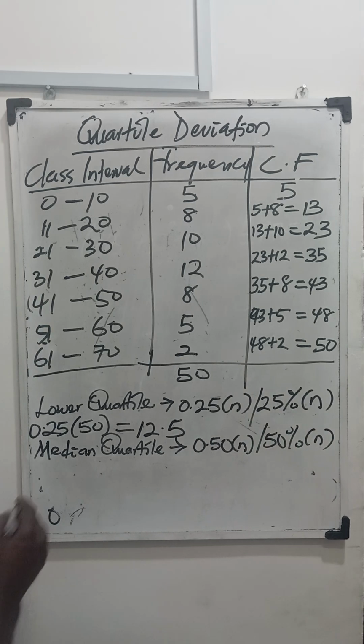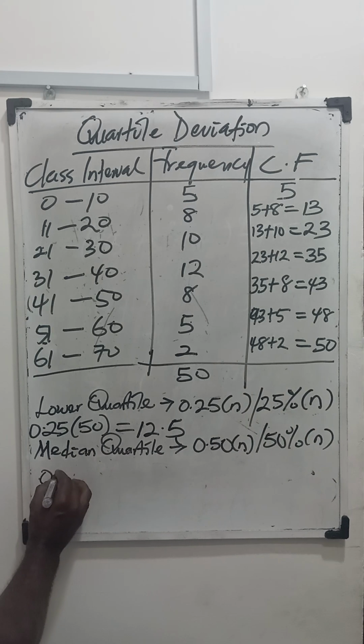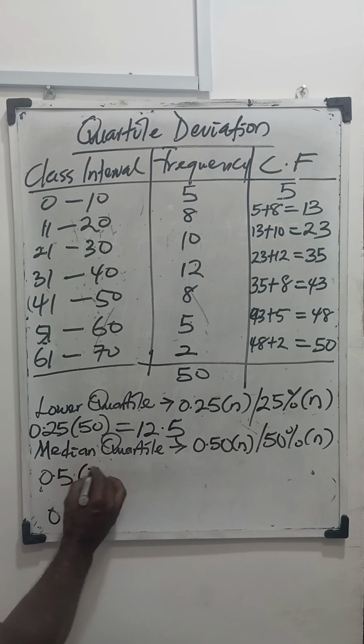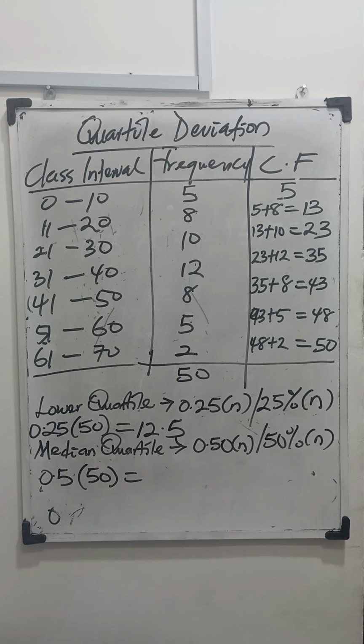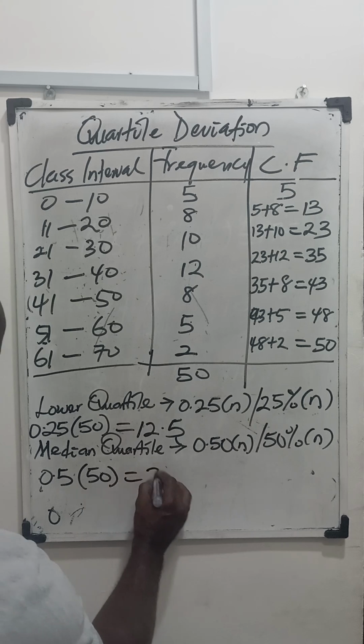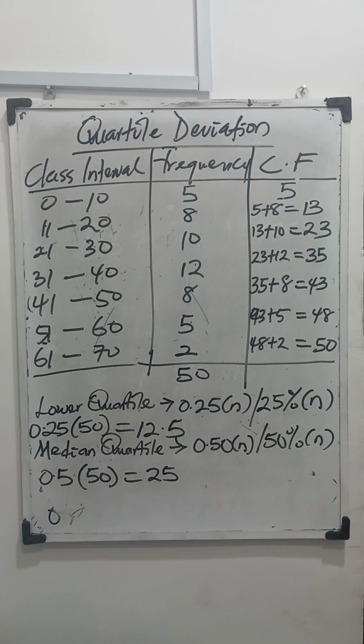So 0.50 times 50, what is it going to give us? That would be 25, half of 50. So 0.5 is actually 1 over 2. Do you get it? So if you multiply 0.5 times 50, you will get 25. So remember, 25.